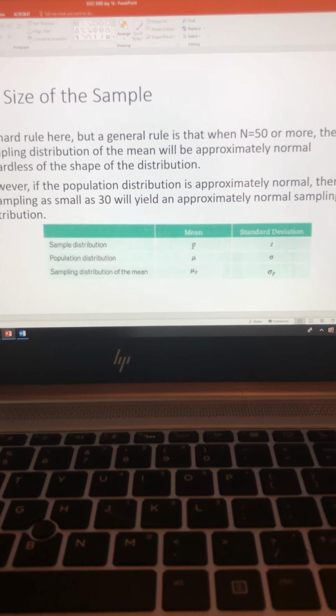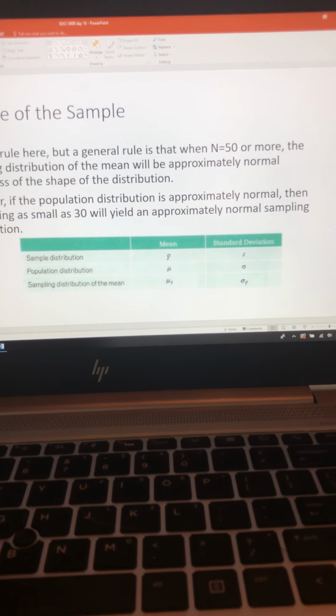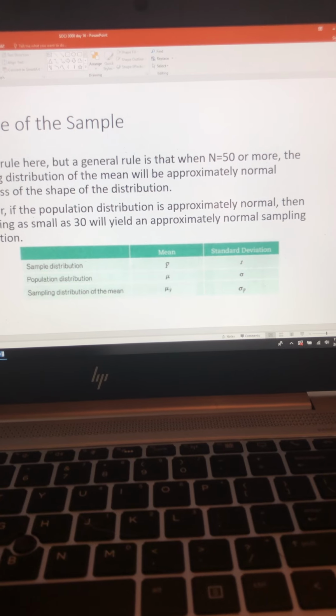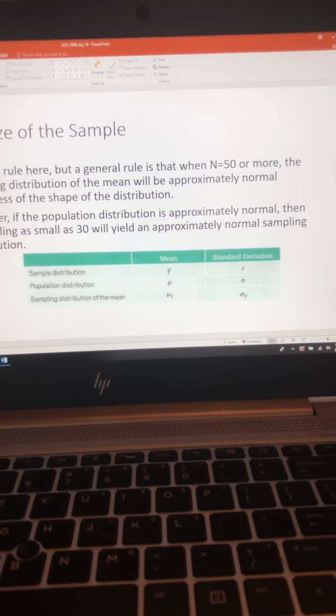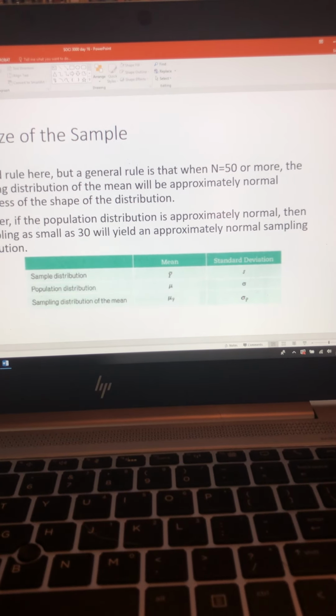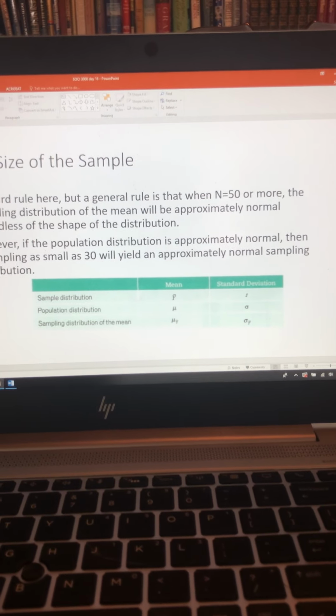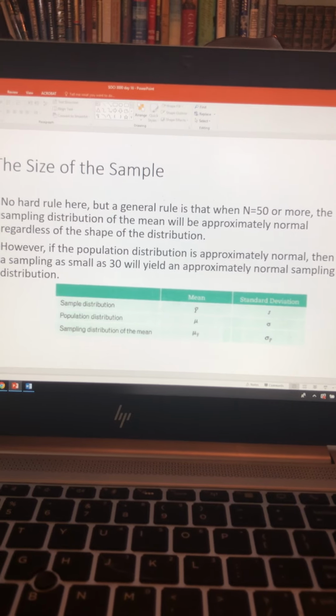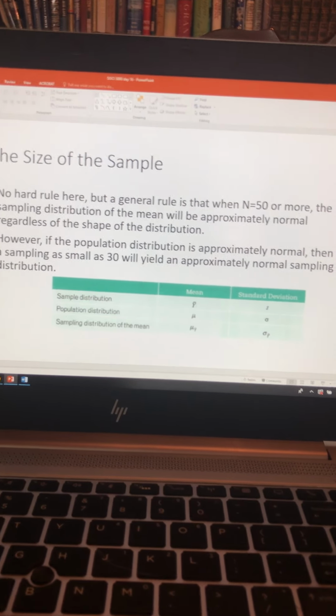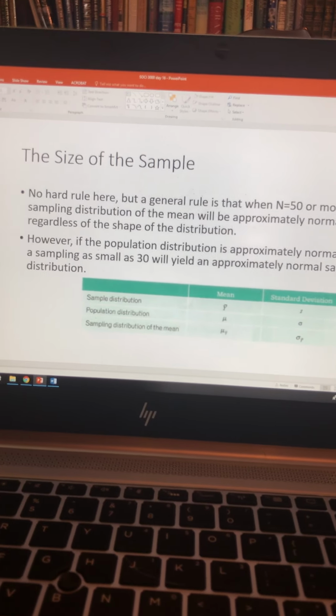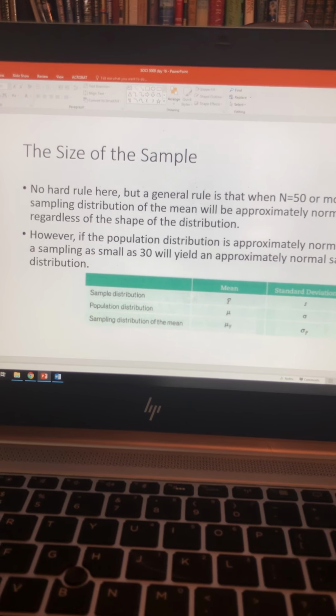Okay? If the population itself is normal, so imagine that we took a normally distributed variable, something like height. The mean height of women is about 5'5", men is 5'8", 5'9", something like that. That would be your kind of mean and median.